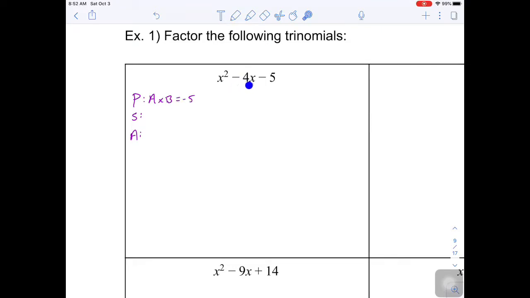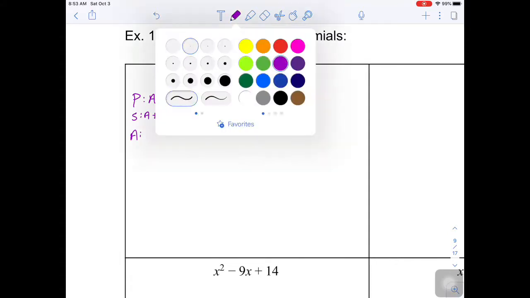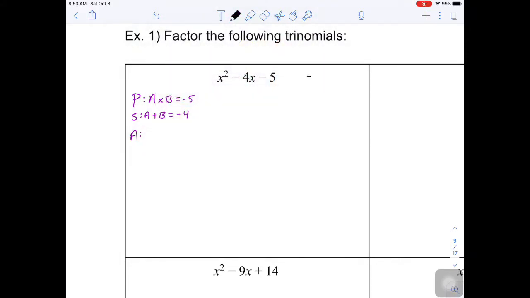And those same two numbers, which numbers add to get negative 4? So a plus b equals negative 4. If you don't know, you can list the factors of negative 5. This is a special number because it's only divisible by 1 and 5, so positive and negative 1, positive and negative 5.